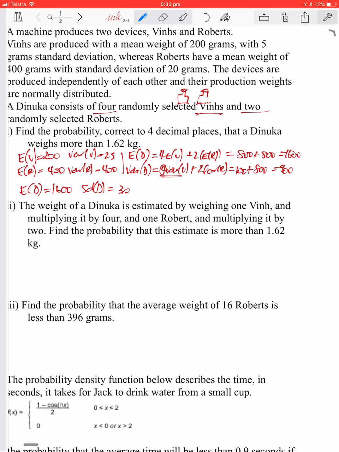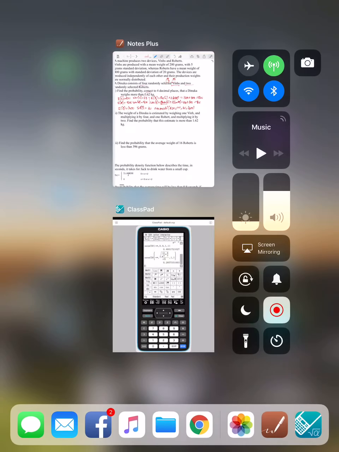To find the probability that a Danuka is more than 1.62 kilograms, we use norm CDF from 1620, because we've got it in grams, so let's use grams, to infinity, because it's more than. My standard deviation is 30 and my mean is 1600. Okay, so let's have a look.